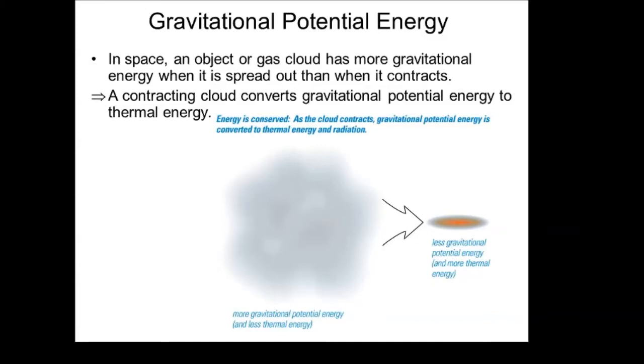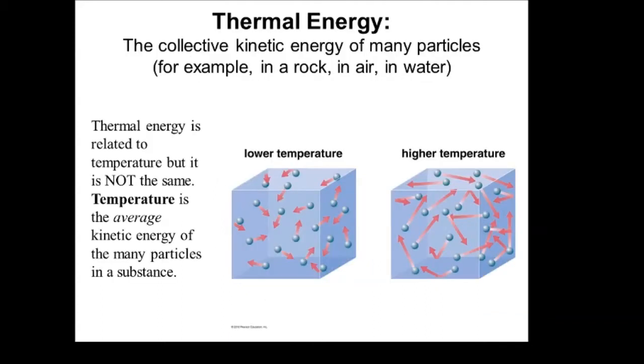Okay, so understanding how the gravitational energy gets converted to kinetic, gets converted to thermal, is going to be a really important theme when we talk about how stars are born. That will be something we'll be talking about a bit. Now, thermal energy relates specifically to this chapter, since we're talking about the ideas of light and energy, and thermal energy is a big part of that.